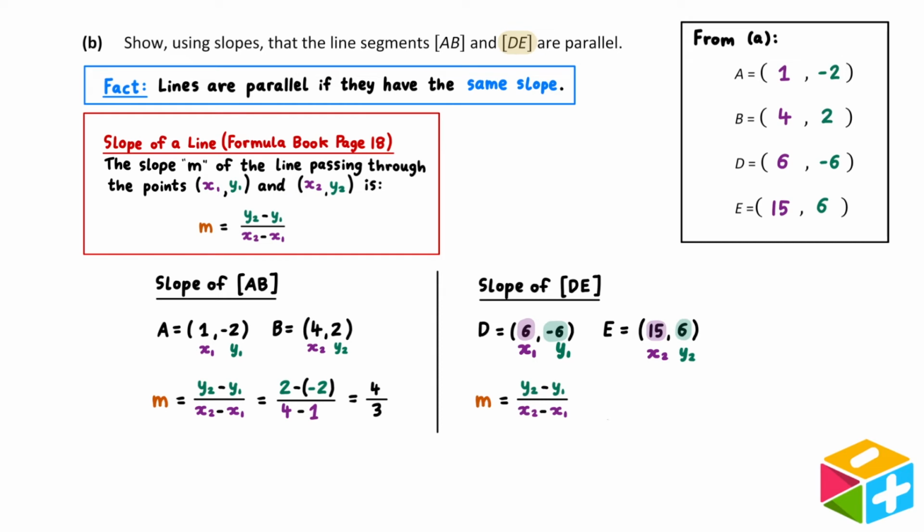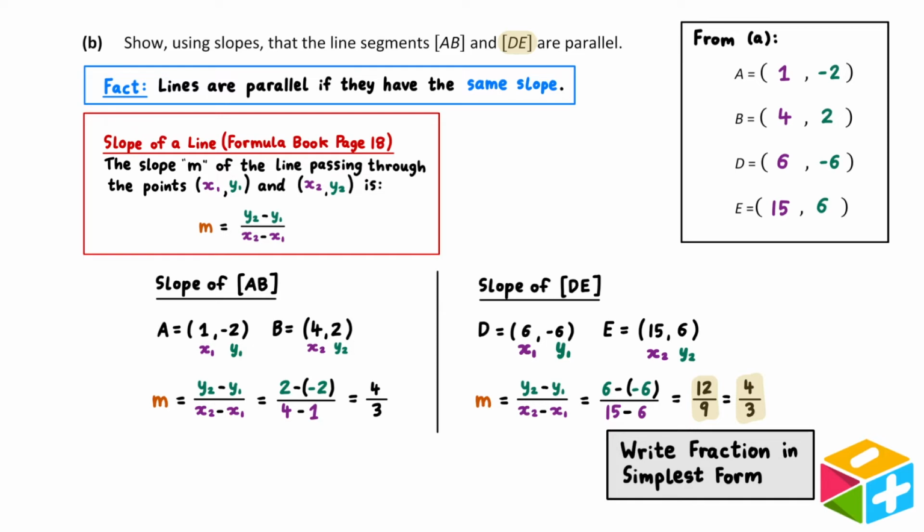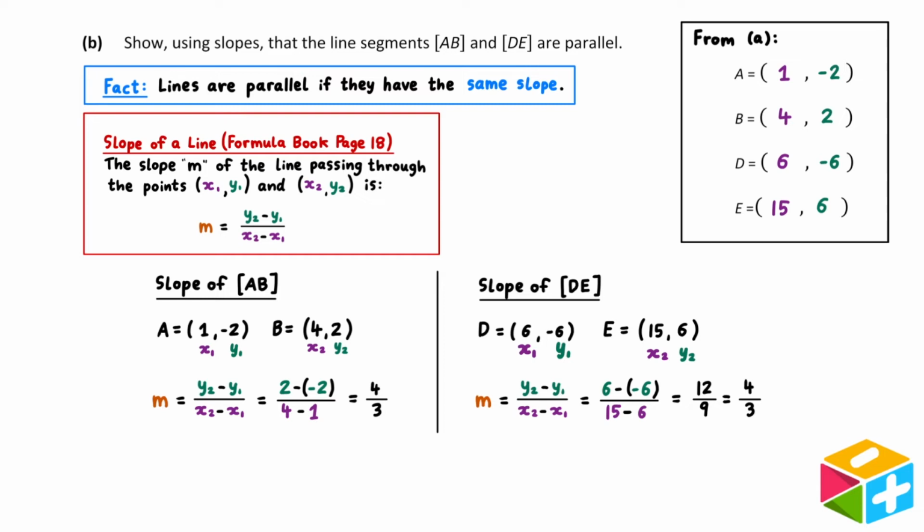To find our slope, we simply need to sub these values into our slope formula. So we found that the slope of DE is 4/3.